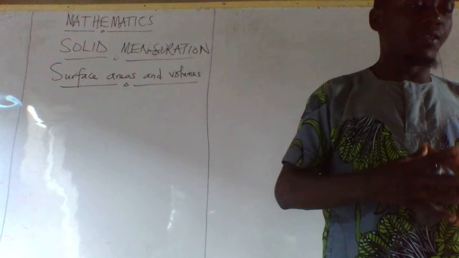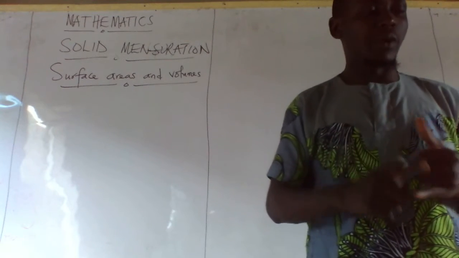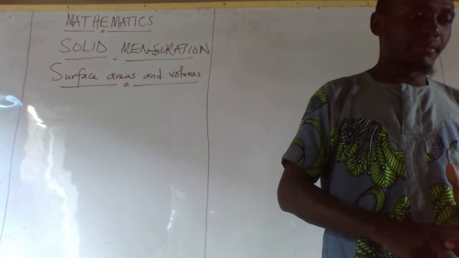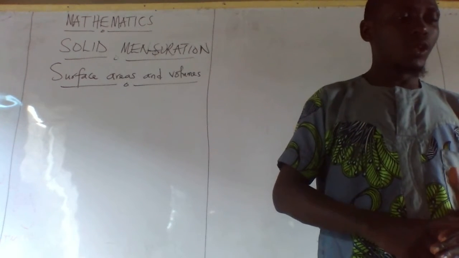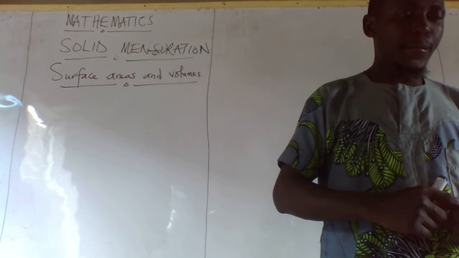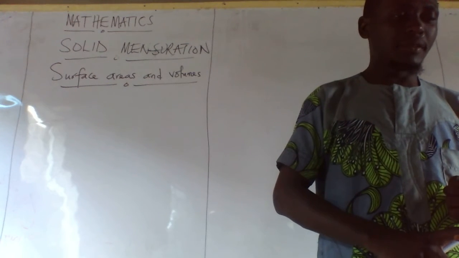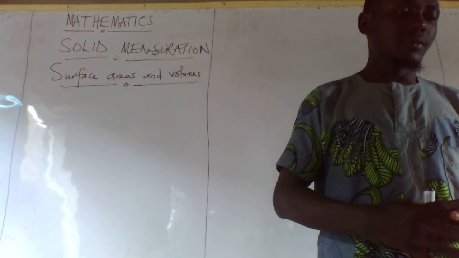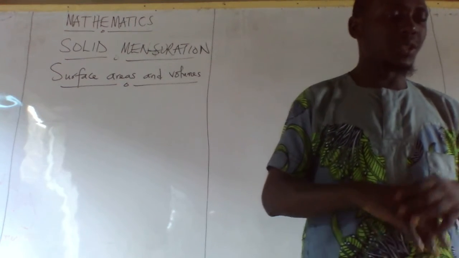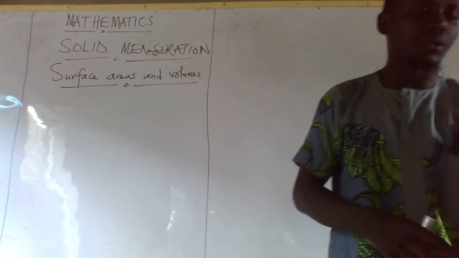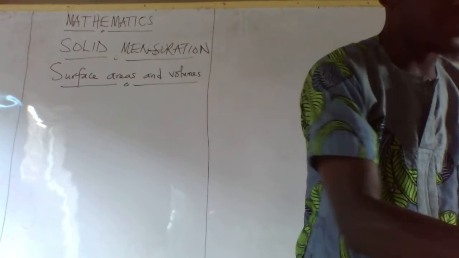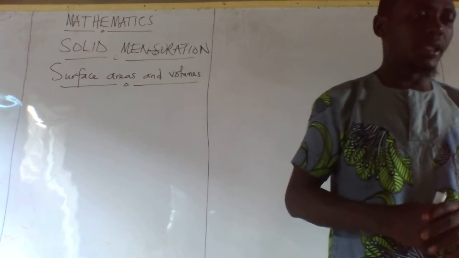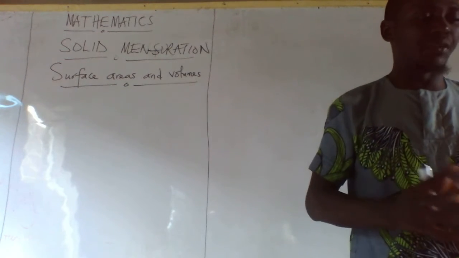There are many of them, and they include cuboid, cube, cylinder, sphere, cone, pyramid, prism, and many more. Now, prism is generally used to describe a solid figure that has a uniform cross-sectional area along all the length.